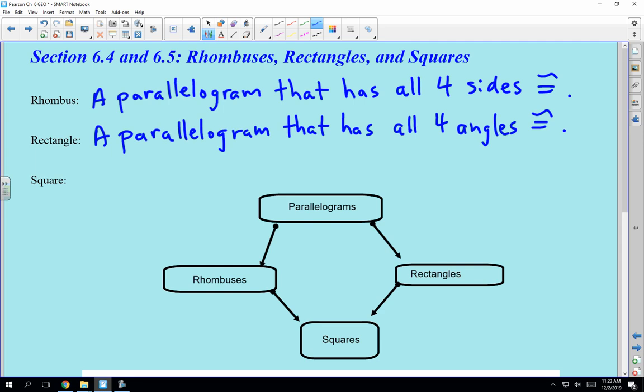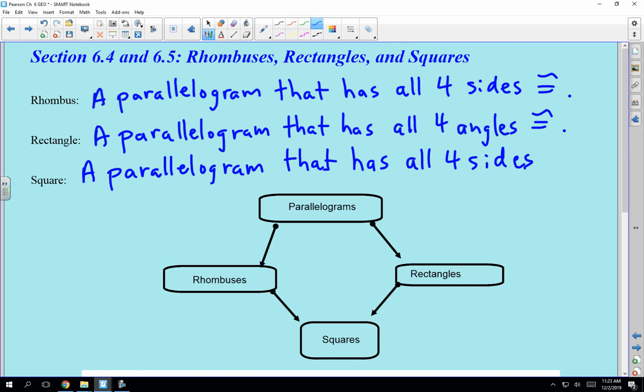And then a square is a parallelogram that has all 4 sides and angles congruent. So see how we have rectangles and rhombuses kind of on the same plane over here, and then the squares are both of those properties. So that's what that diagram is showing.